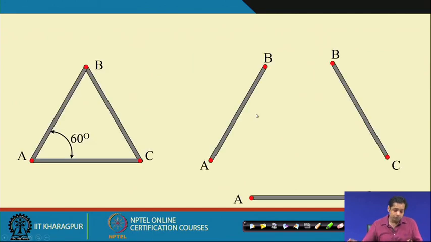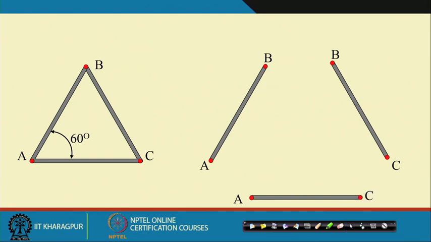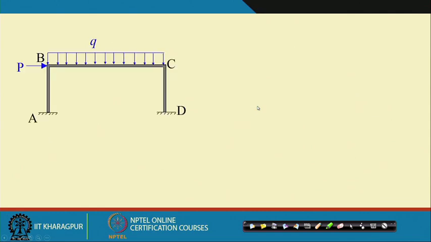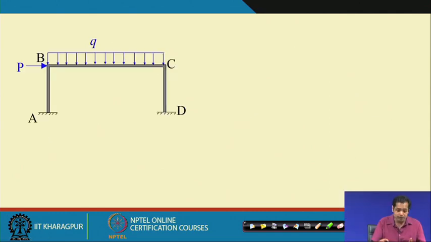But for this structure, the orientations of different members are different. BC is horizontal, AB and CD are vertical members. We will discuss how these equations are to be written for each member, how the orientation of the different members is to be considered, and then, when we assemble, how this orientation needs to be considered in the assembling stage as well. That we will discuss in detail.